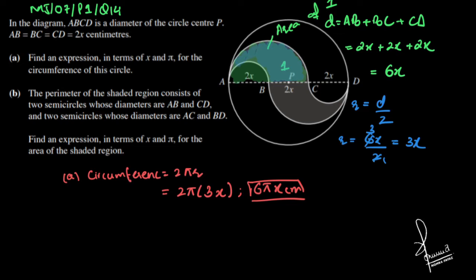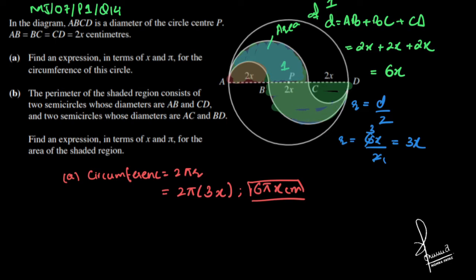So you can see that this shaded region is basically the area of 1, which was your semicircle, minus this little area over here. So I repeat, look at this lower semicircle. This is the shaded region that you want. If you calculate the area of the bigger semicircle, this is the area that you're going to get.